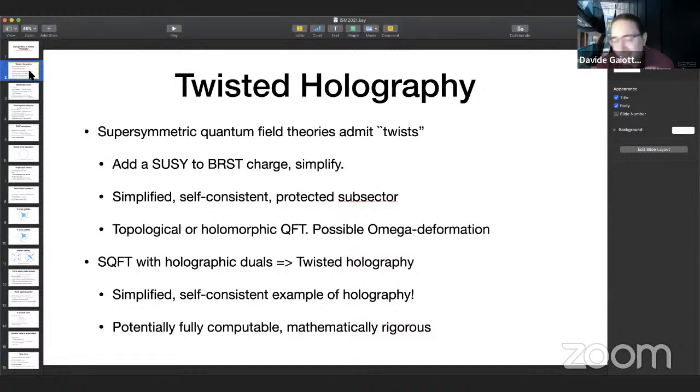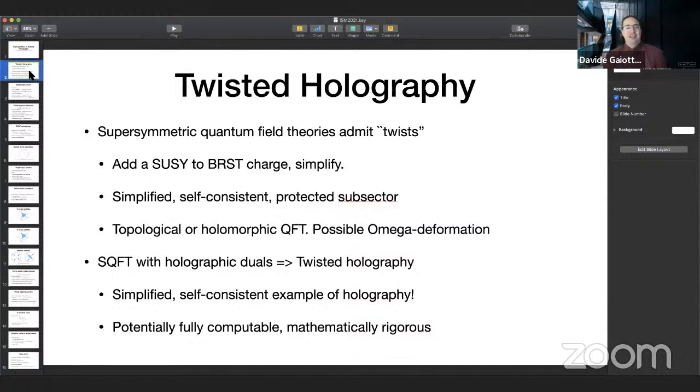And of course, this is something that has been done from the very beginning of holography, because typically protected subsectors are the only places we can do calculations. But the element which is novel in twisted holography is that you try to use this technology developed by people like Costello and his collaborators to really write down a self-contained twisted theory which captures the whole protected sector in the form of its own quantum field theory.